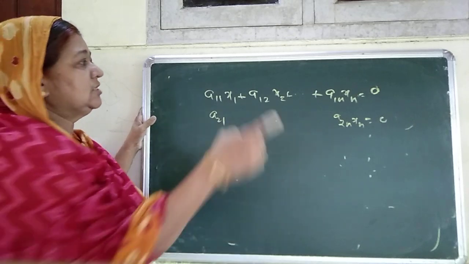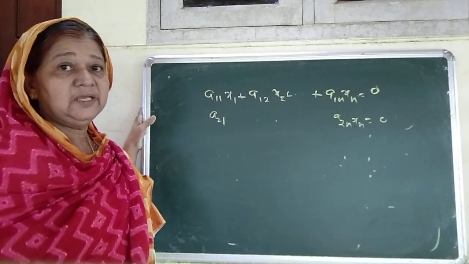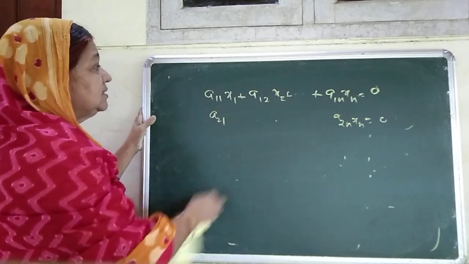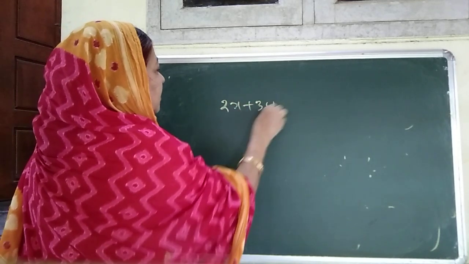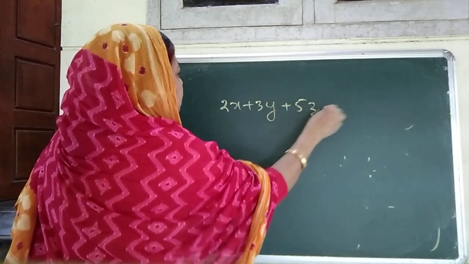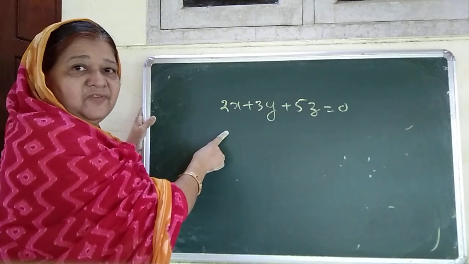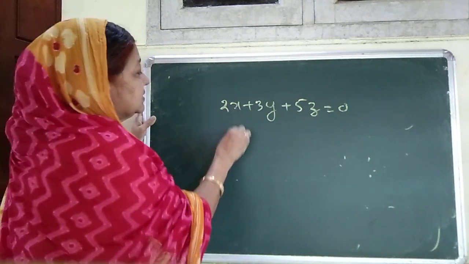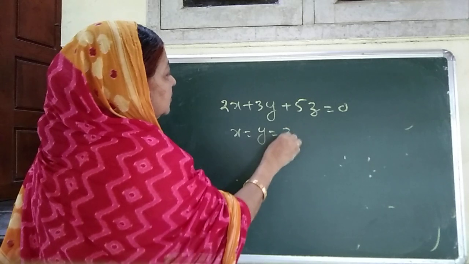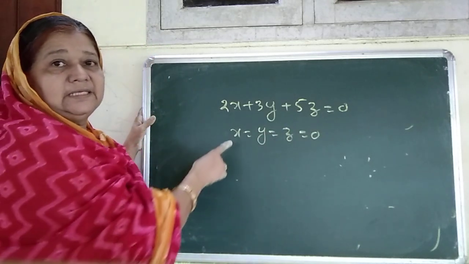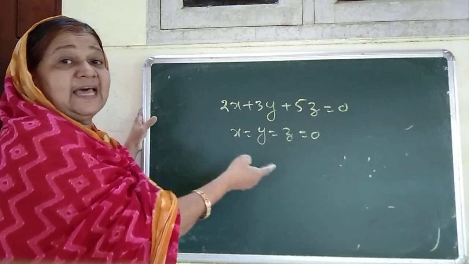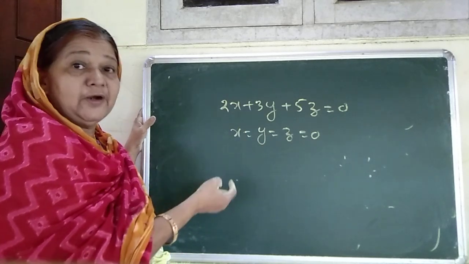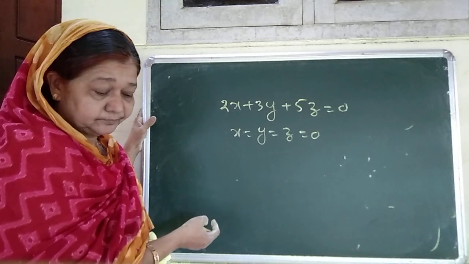A system of homogeneous equations means in n unknowns. We have seen in the second module that if 2x plus 3y plus 5z equals 0, this equation has a trivial solution, that is x equals y equals z equals 0. If it has solutions other than the trivial solution, non-trivial solutions, we have to check.